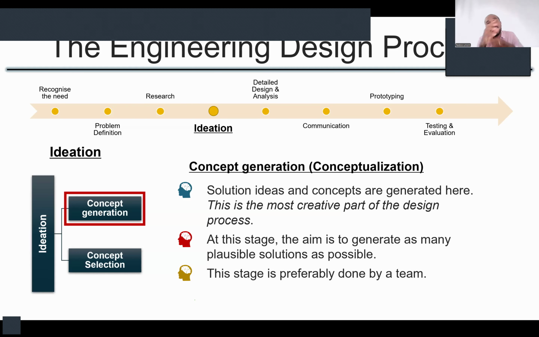This is where, after researching and gathering all the information, you now sit down and say, okay, I need a concept for my solution. For example, the cooling system. You want to develop a cooling system, and so you have done a lot of research.